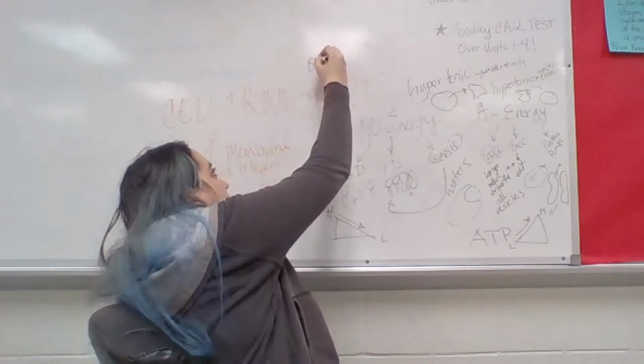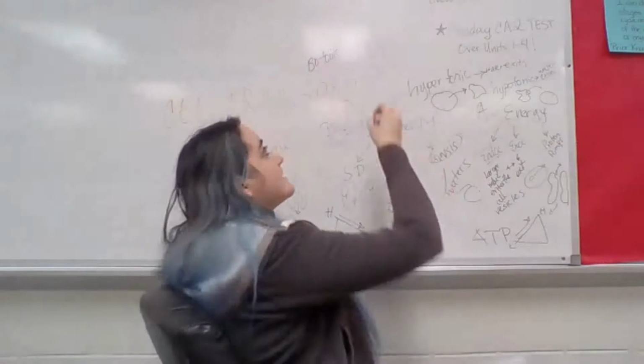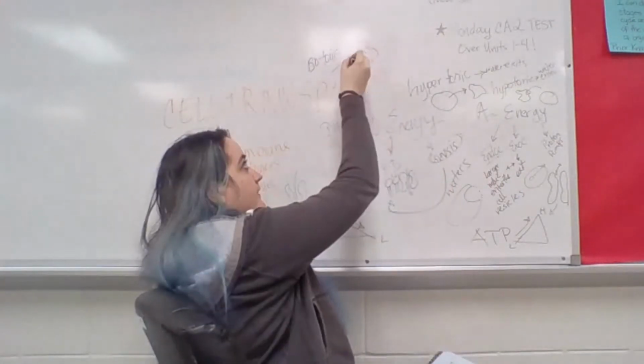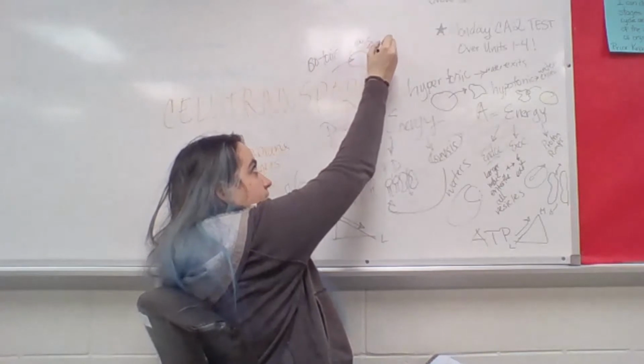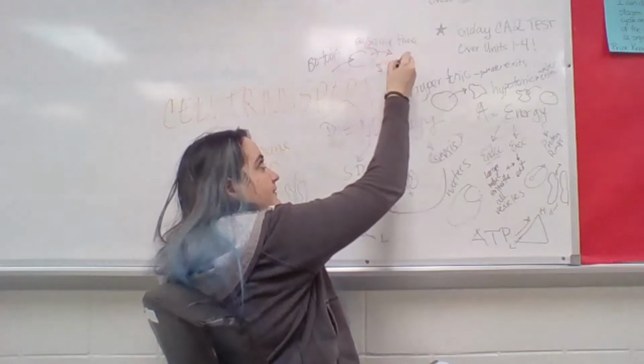And lastly, we have isotonic, which means there's an equal amount of water inside and out. So it doesn't mean that there's not going to be any motion. It's just going to be going in and out at the same time by the same amount.